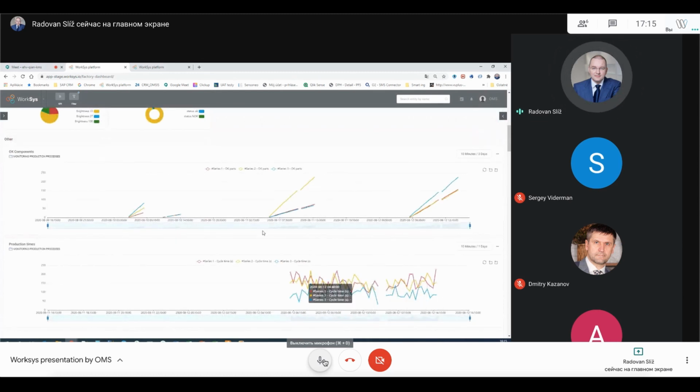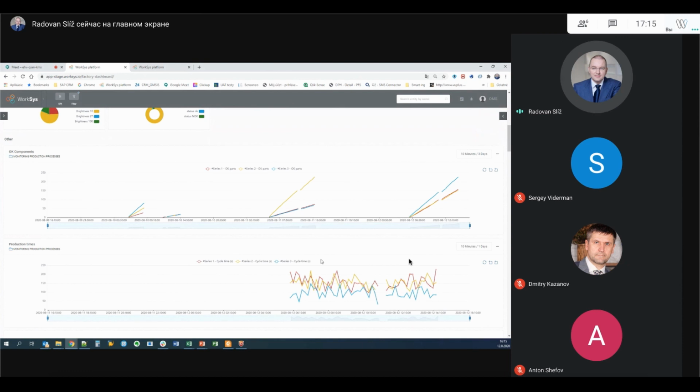Then I'm able to combine information from the graph in real time, and after this I'm able to monitor the real situation in the factory from one place, get more detail, and combine it.